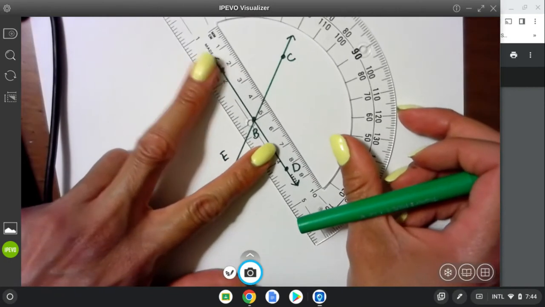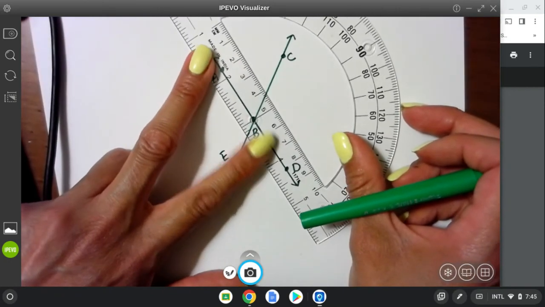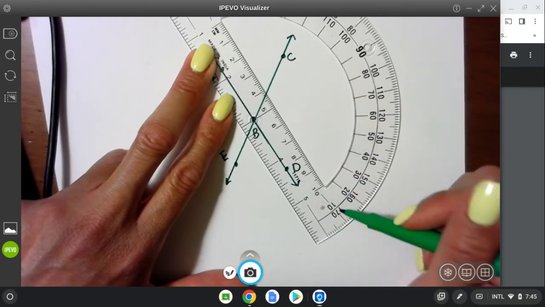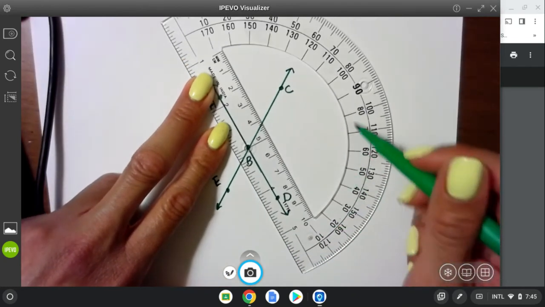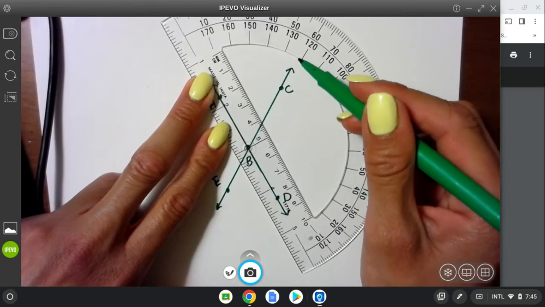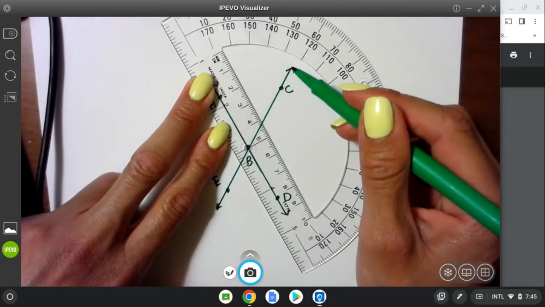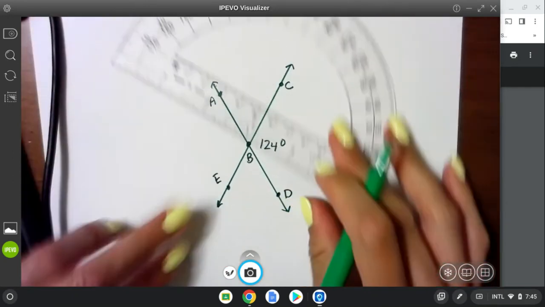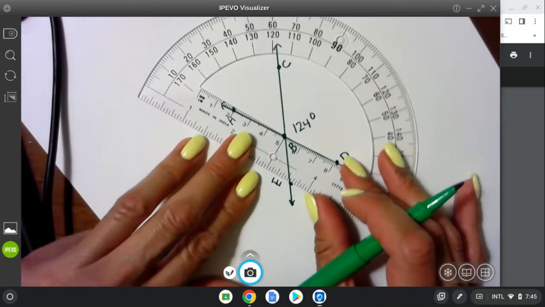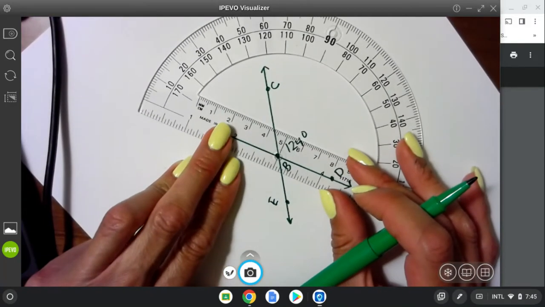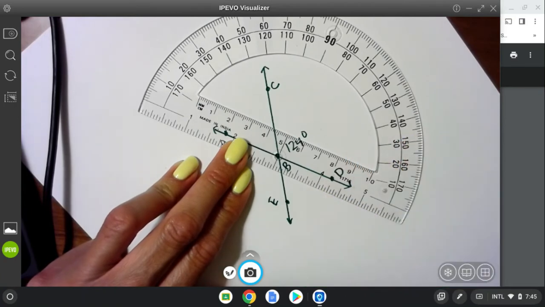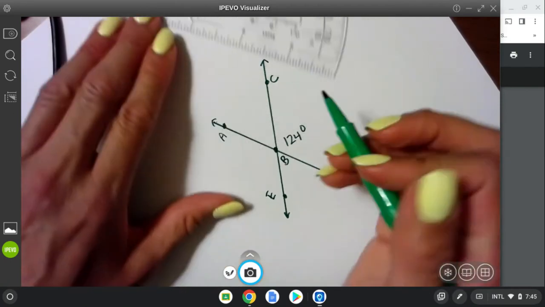Now if I measure my angles, angle CBD looks like 124 degrees. Then I'm going to measure angle ABC, and that angle looks like it's 59 degrees.